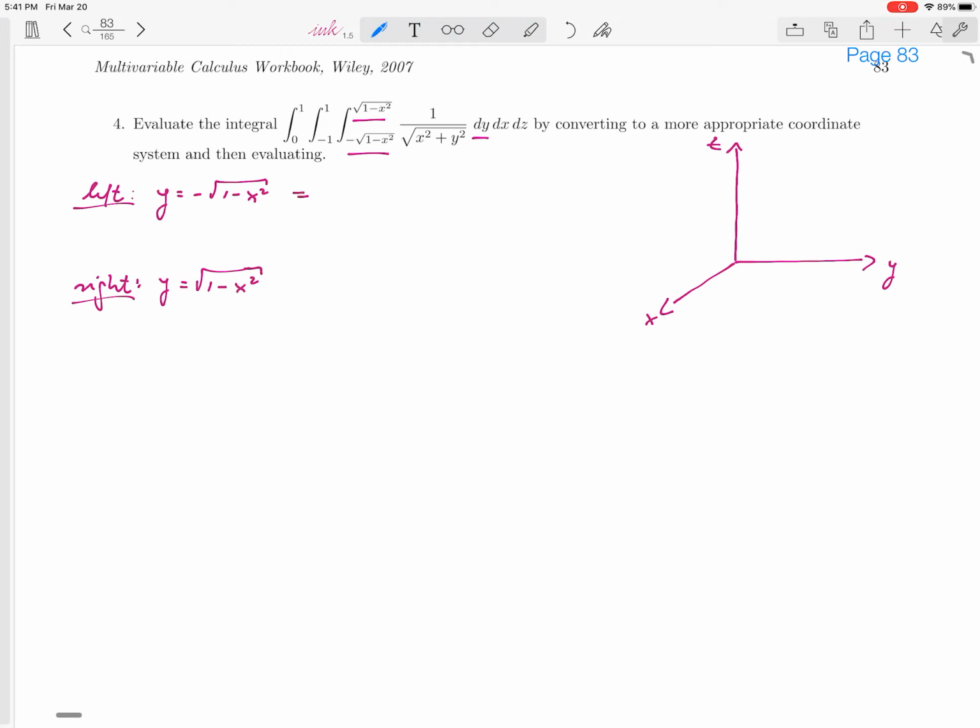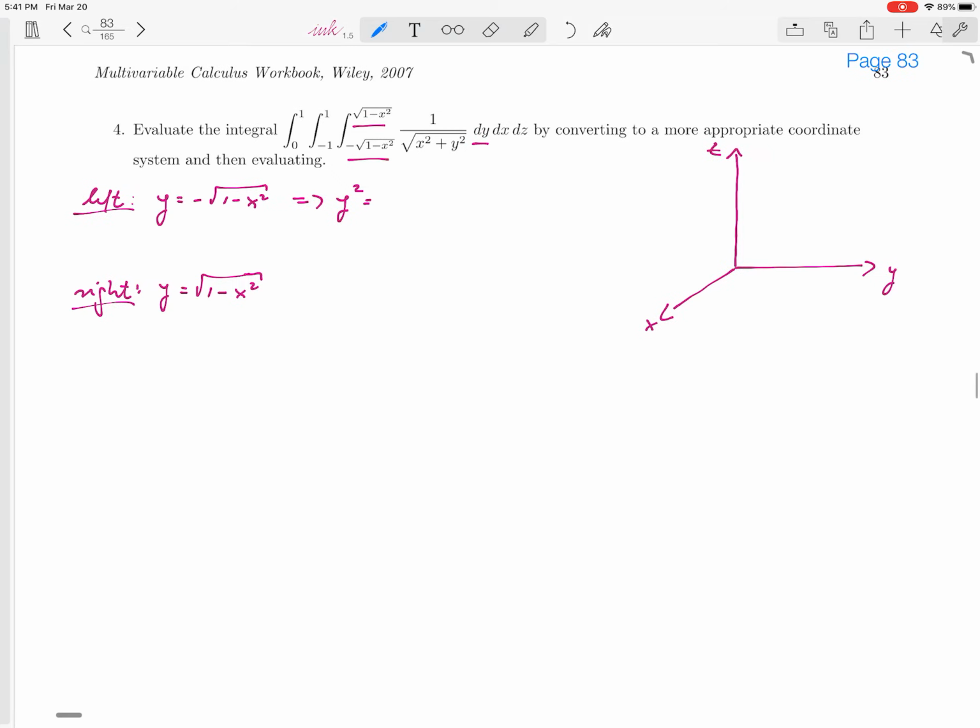Okay, let's square both sides. That tells us that y squared is equal to 1 minus x squared. And rearranging that, we see that x squared plus y squared is equal to 1. That's the surface described on the left.